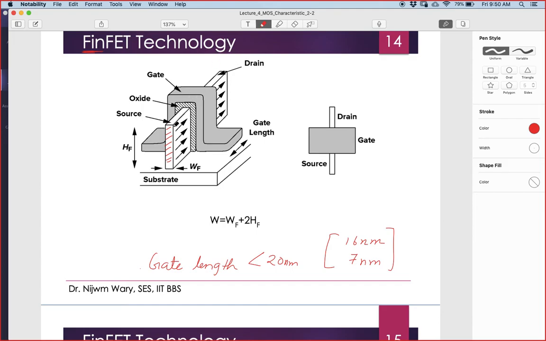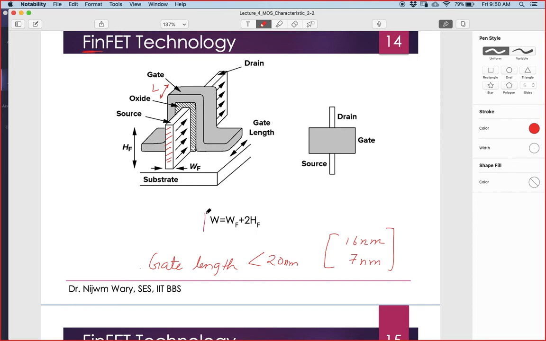Of course, then how do you define the W of the channel? This is the length of the channel, and the width of the channel is defined as the complete 2 HF plus this WF.